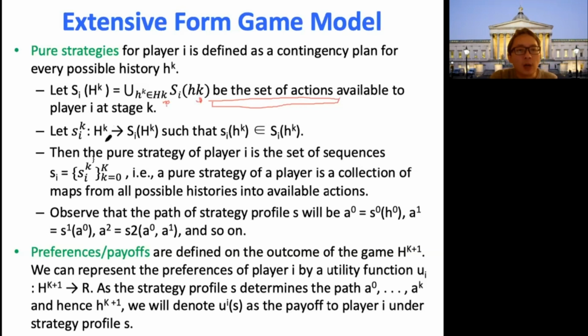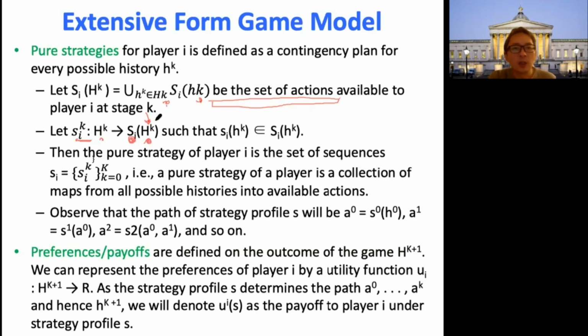And also, it depends on history. Then this strategy is basically defined such that, given this history, I could make some sort of action. The action also depends on the previous play you have, right?